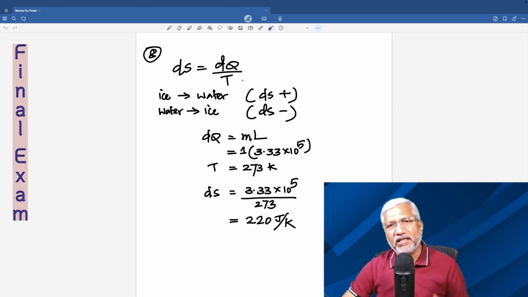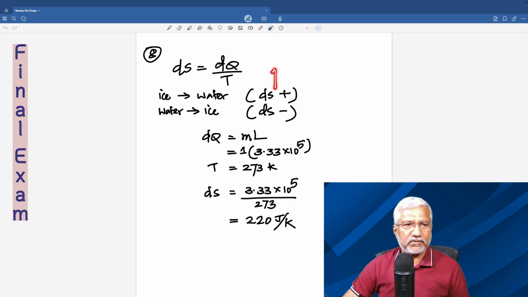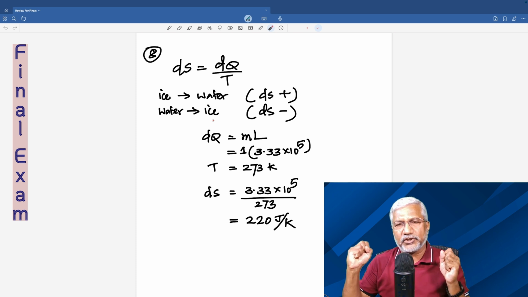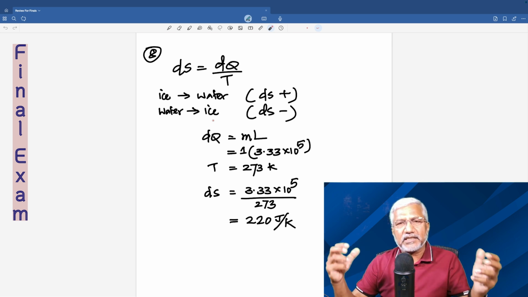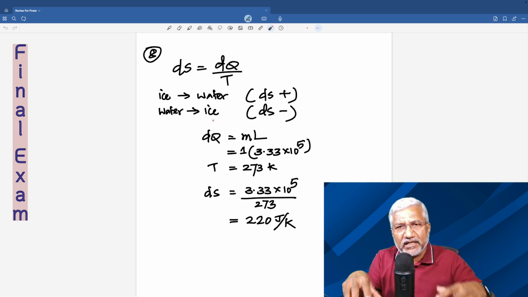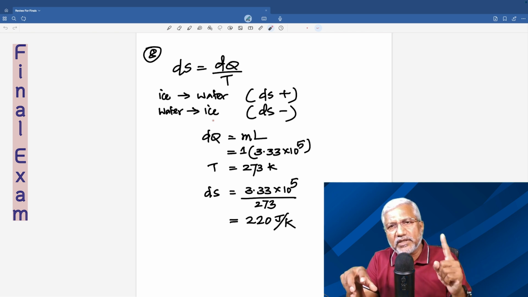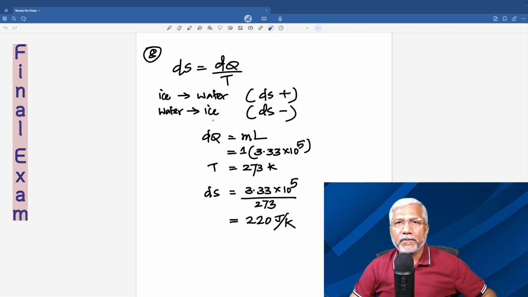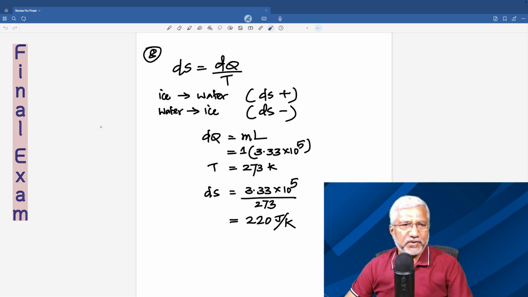And when it takes in the heat, the entropy goes up. On the other hand, when you freeze water to make it ice, you are removing heat, aren't you? When you remove heat, the entropy decreases. So just remember, whenever heat enters the system, entropy increases. When heat leaves the system, entropy decreases. And we can calculate the change in entropy because we know that in change of phase, the formula used is mass times latent heat.